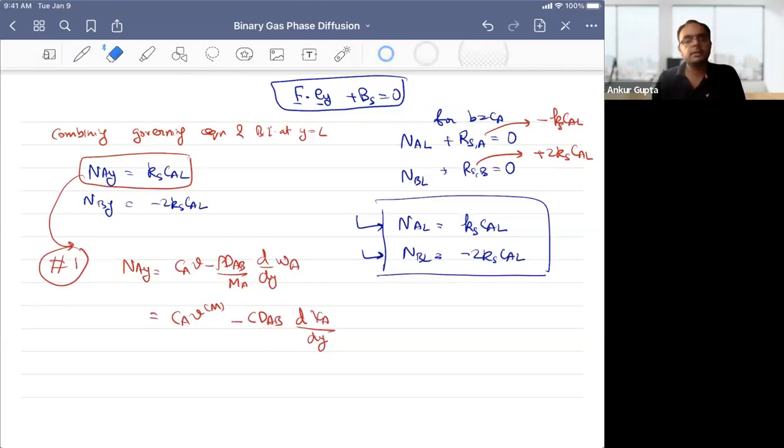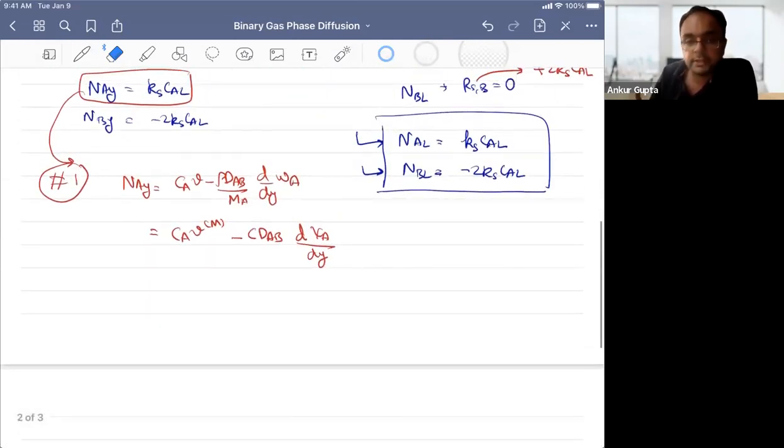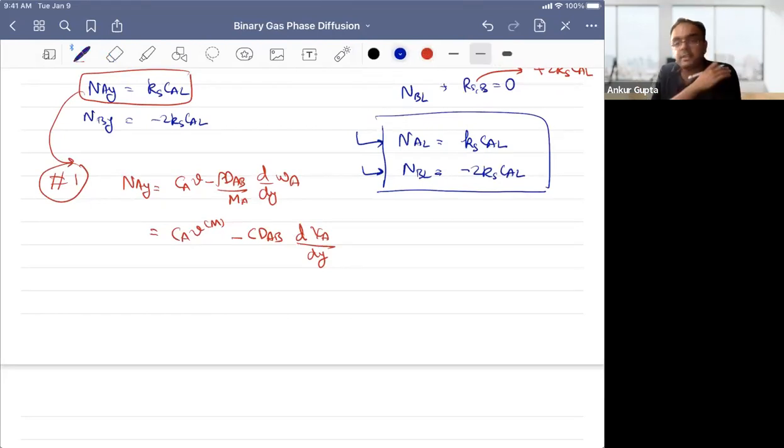So we use flux laws. We have discussed this in detail previously, but if you have not, please refresh your notes and get familiar with these two. It's just breaking the flux down into convective and diffusive fluxes. Now, we can represent everything as a function of C_A and C except the velocities.